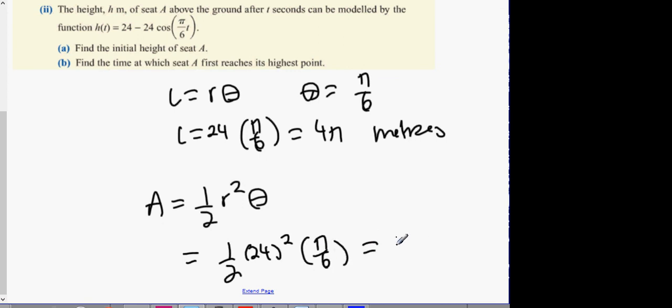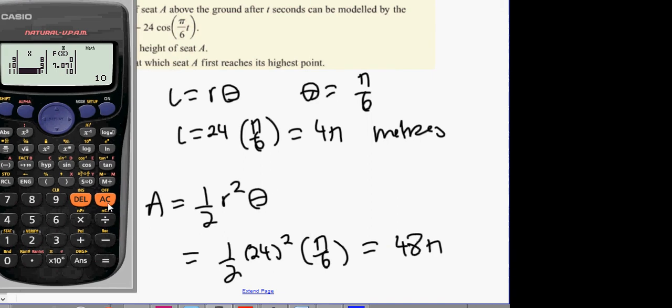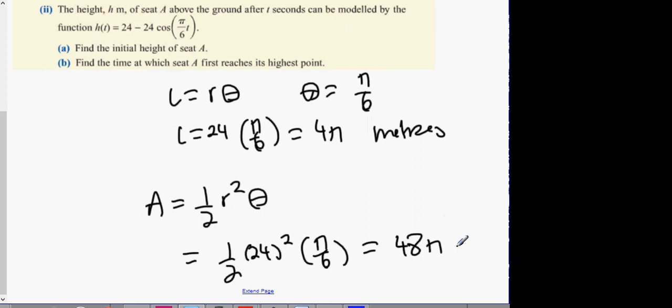Calculator? 48 pi. Okay, 48 pi meters squared.